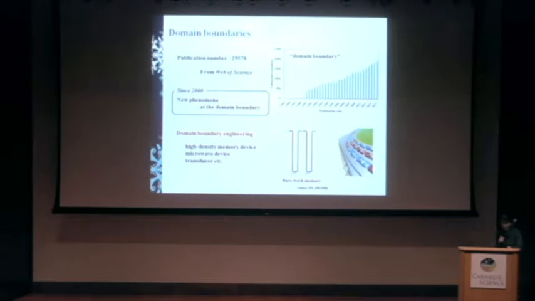There are a lot of projects trying to use domain boundaries for applications, and we call this tendency domain boundary engineering. Because the density of domain boundaries can be extremely high compared with the domains themselves, there is a possibility to use them for high-density memory devices, microwave devices, transducers, and so on.